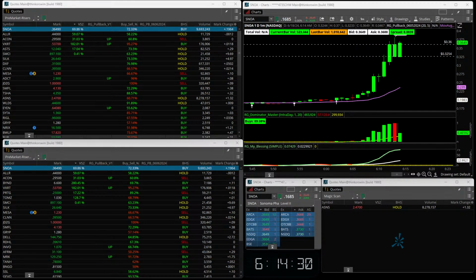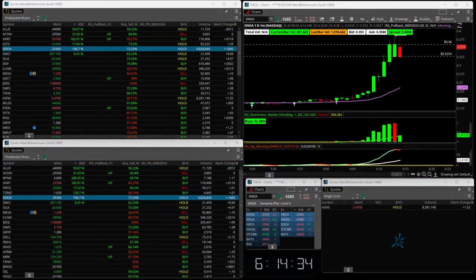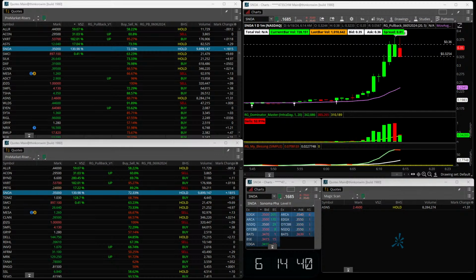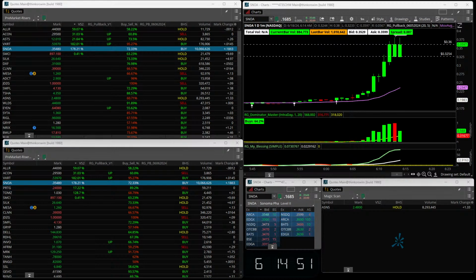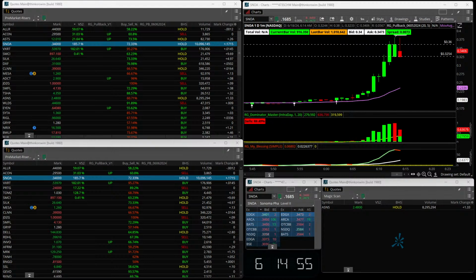We did make it back up to that 36 and a slight breakthrough. Long wick on the top. That would be the sellers driving the price back down. Trying to push through that 36 cents, just can't seem to get it done.